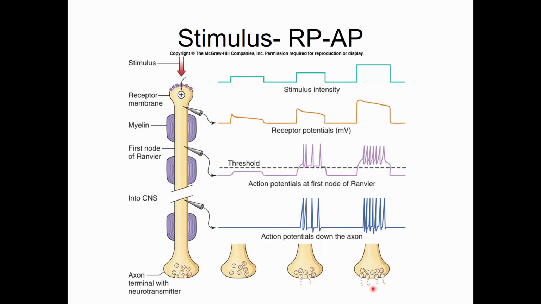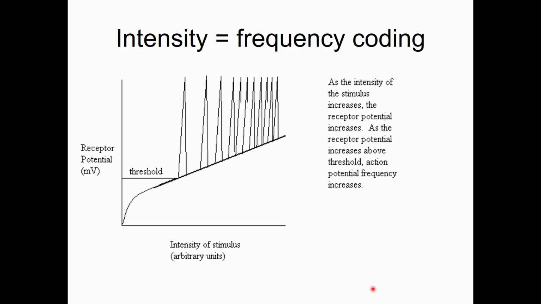So this is how we're conveying intensity. More intensity of a stimulus means a bigger receptor potential. That means a higher frequency of action potentials and a bigger release of neurotransmitter at the synapse. So intensity is encoded by frequency. As we increase the intensity of the stimulus, we get a bigger receptor potential and the frequency of action potentials increases.